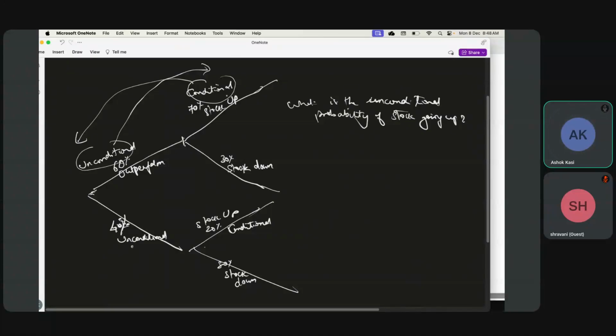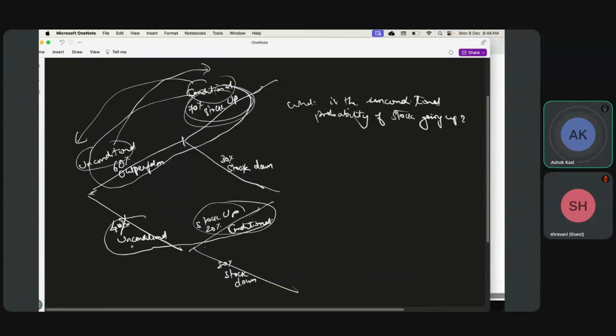The stock is going up here as well as over here, but these are all conditional, and I want to make it unconditional. Unconditional means that if outperformance happens, still the stock goes up, and if underperformance happens, still the stock goes up. So in both cases, the stock should go up. So 60% into 70%, or 40% into 20%.